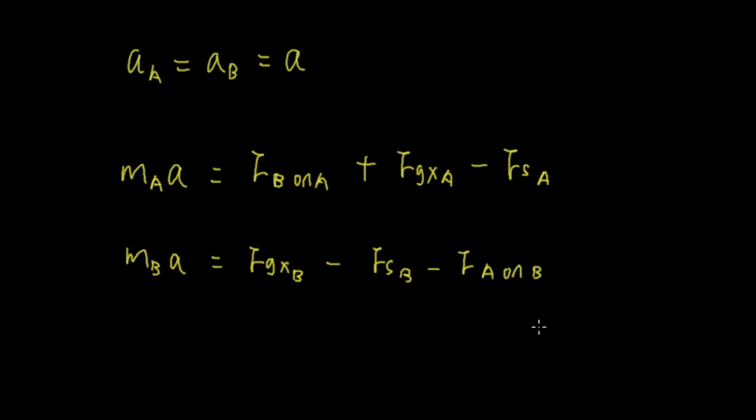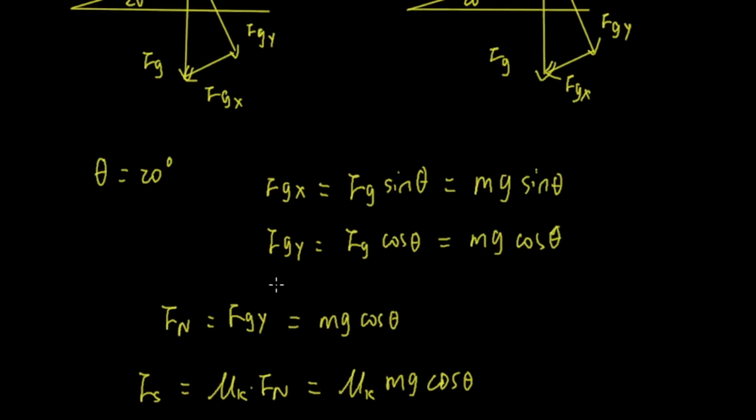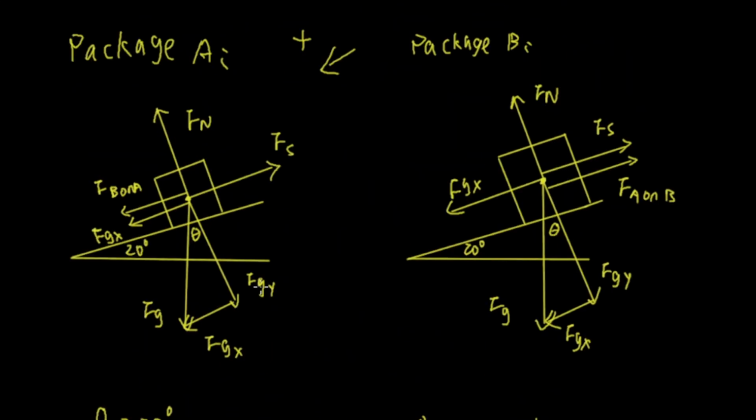Now we have two equations. What can we do with that? First of all, let's look at the force of B on A and the force of A on B. Because they're an action-reaction pair, that means the magnitude of the forces acting on each other will be the same.